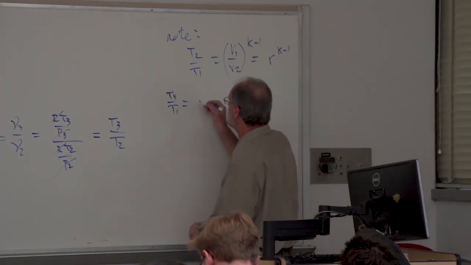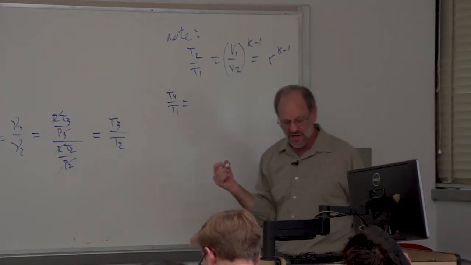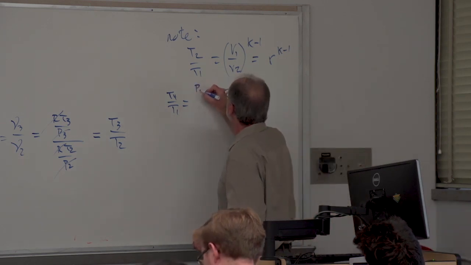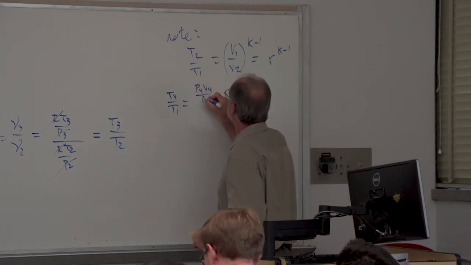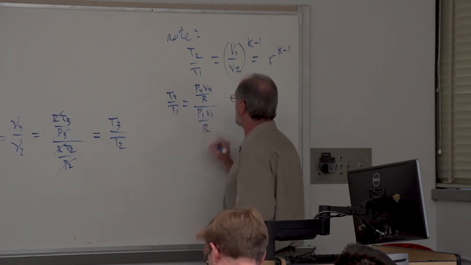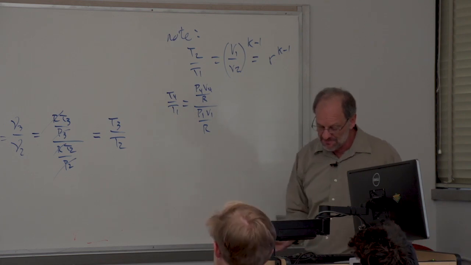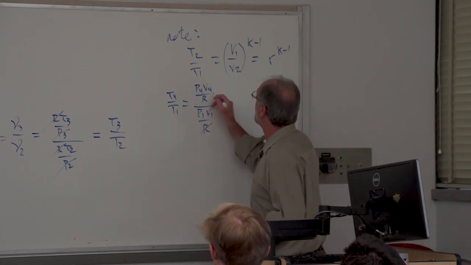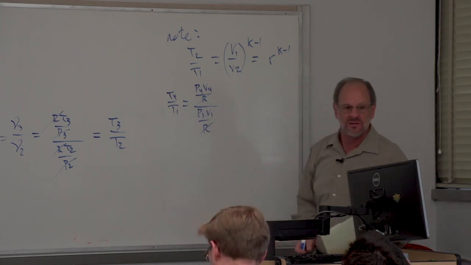This one, let's just sub in the ideal gas equation again. So we know that PV equals RT, so P4 V4 over R in the numerator, and then P1 V1 over R goes into the denominator. Now again, certain terms are going to cancel. The R term is going to cancel.